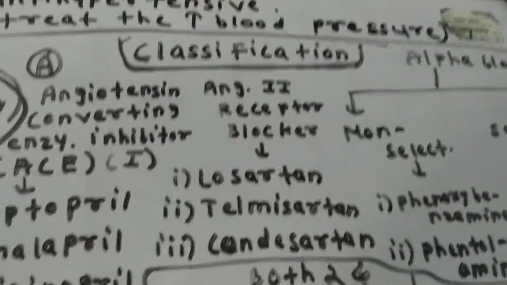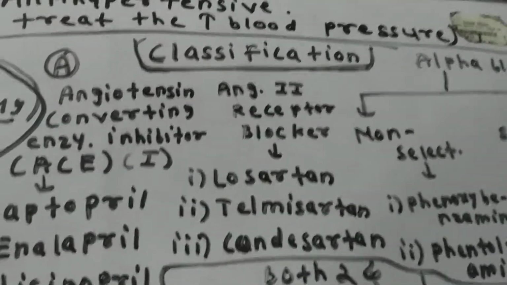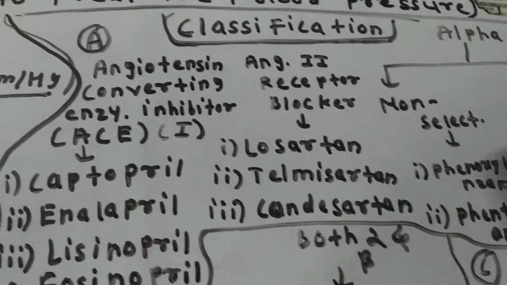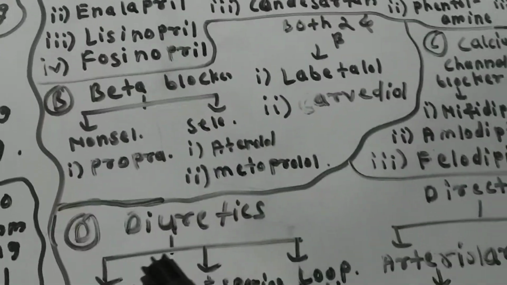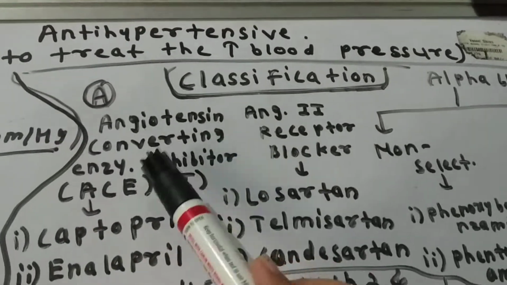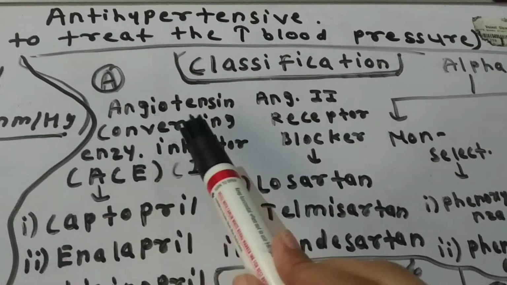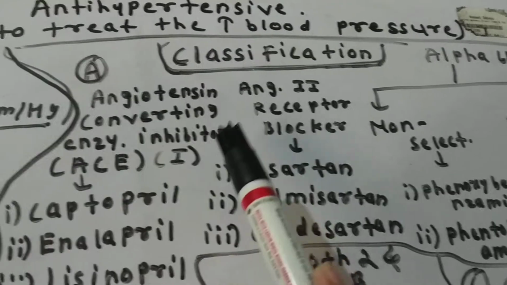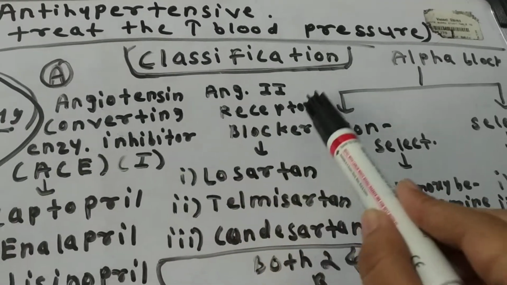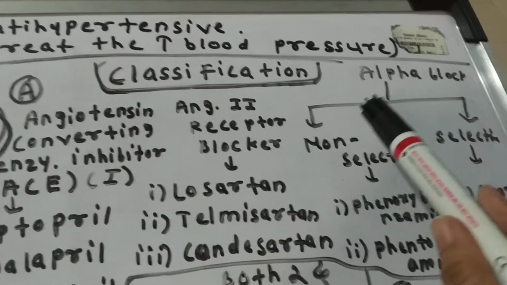The classification of antihypertensive agents has four types, classified as A, B, C and D. A means ACE inhibitor, which means angiotensin converting enzyme inhibitor, then angiotensin II receptor blocker and alpha blocker.